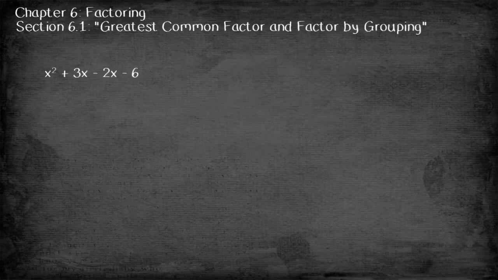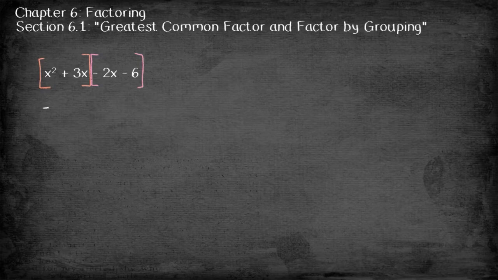All right, some more factoring by grouping that we can do. Here, these first 2 terms have a common factor of x, and these last 2 terms have a common factor of negative 2. There's more than one way to group these up, so you don't necessarily have to do this exactly the same way that I'm doing it.